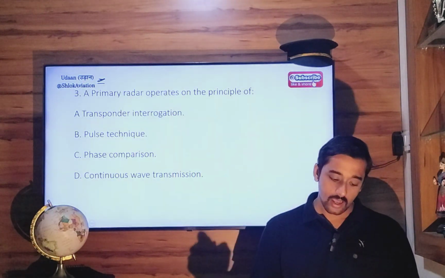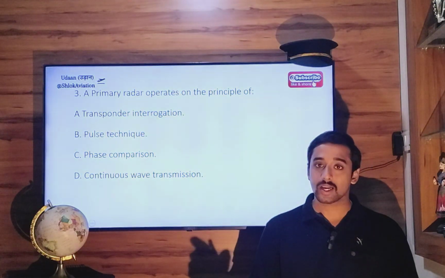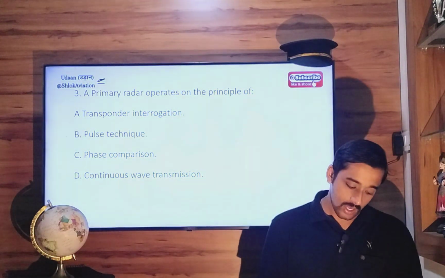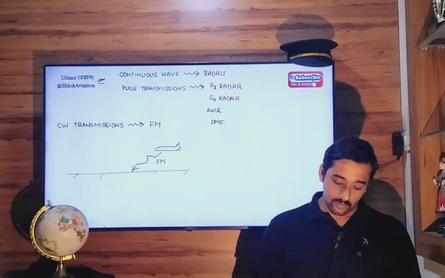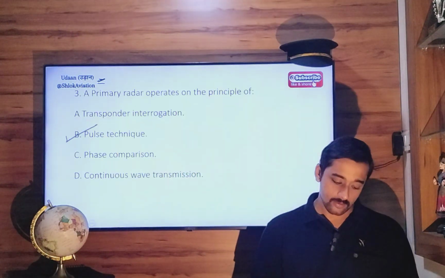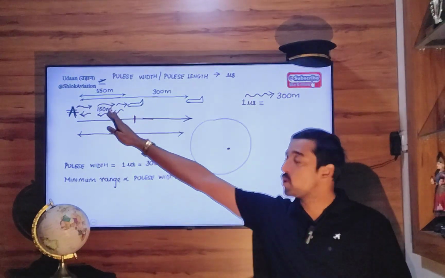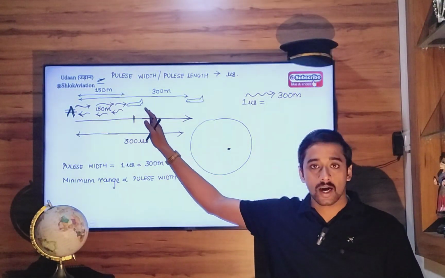Next, question 3. A primary radar operates on the principle of what? Transponder interrogation, pulse technique, phase comparison, continuous wave transmission. So the answer is pulse technique. Primary radar will operate on the basis of pulse technique, meaning the transmitter will transmit radio pulses in the direction of the target.